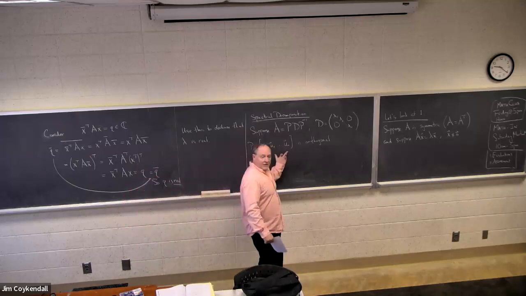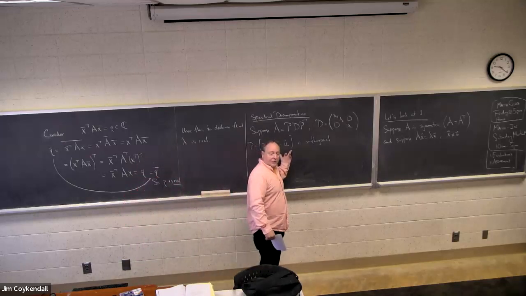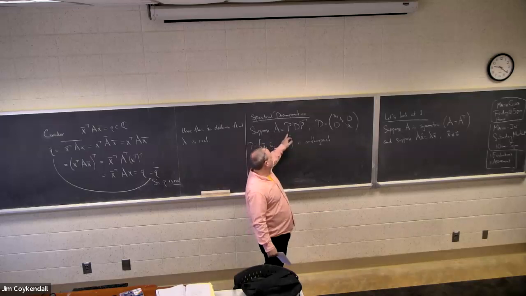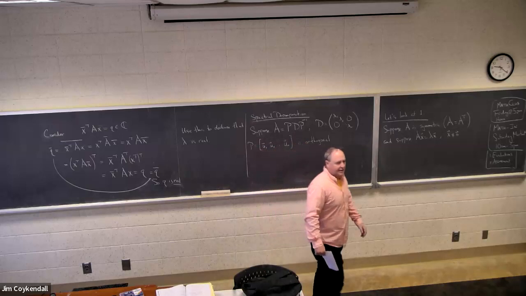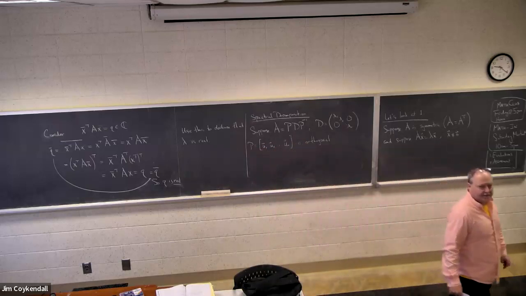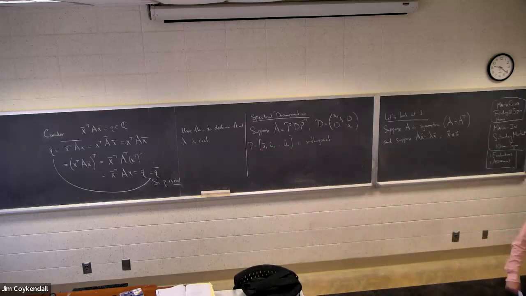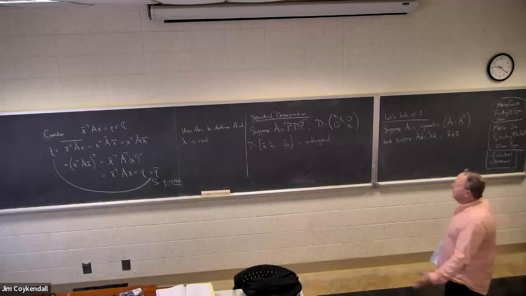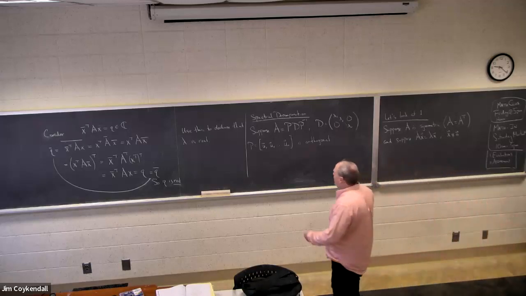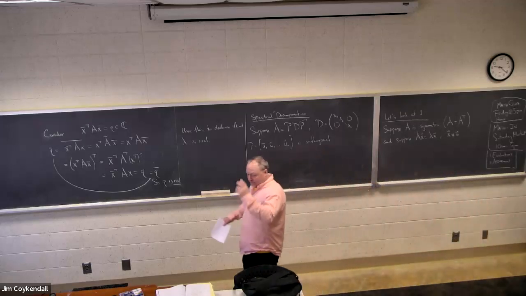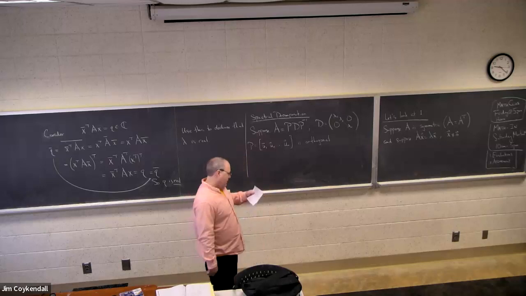So in other words, let me remind you, since P is orthogonal, what's another way that I could write P D P inverse? Maybe an easier way to find P inverse. P D P transpose, right? That's the cool thing about orthogonal matrices. They're square and their inverse and transpose are the same thing.